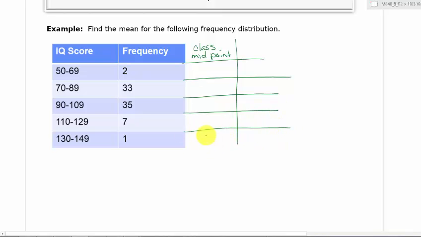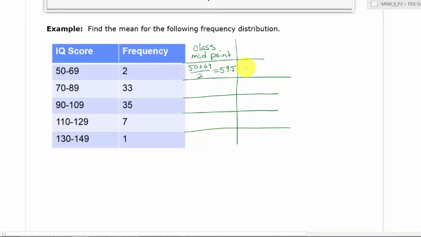And to calculate the class midpoint, you're just going to find the average of the lower class limit and the upper class limit. So that would be 50 plus 69 divided by 2. That gives us 59.5.